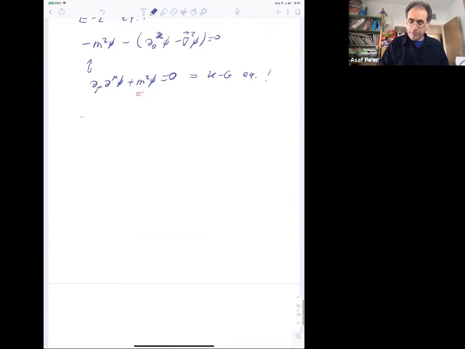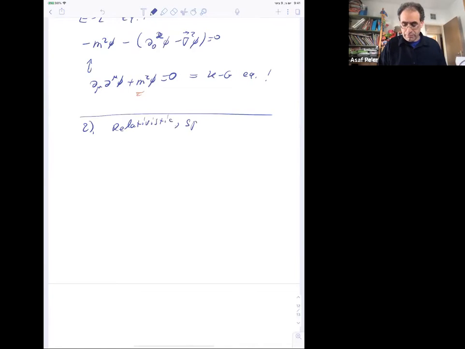So the next field we learn about is the relativistic spin 1/2 field. So the Dirac spinor, basically, right? The spinor field psi satisfies the Dirac equation.